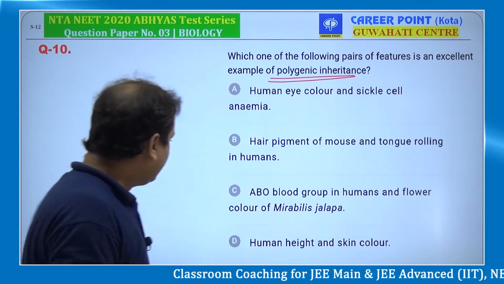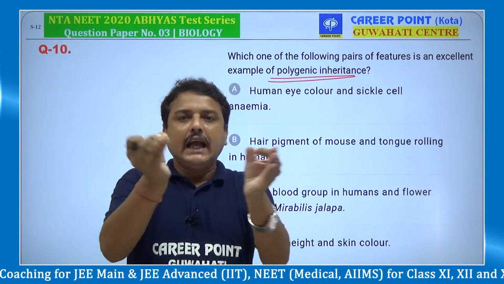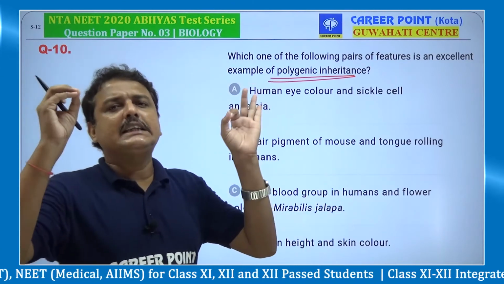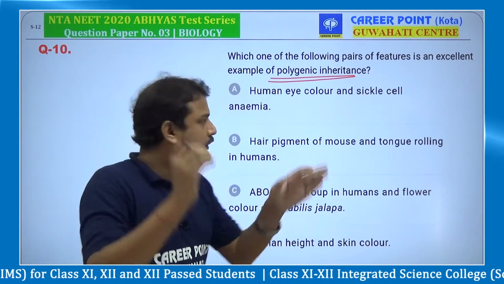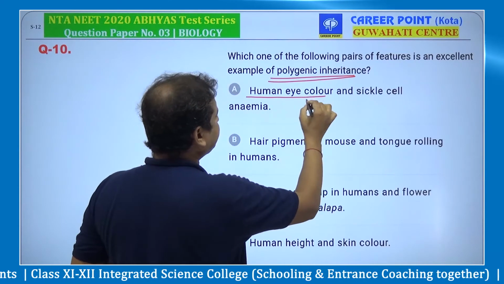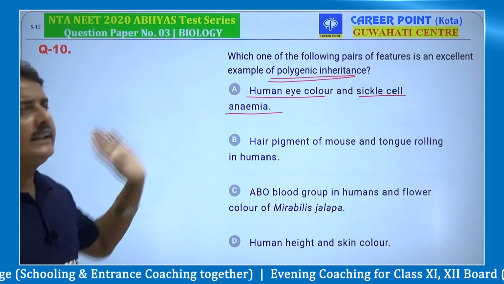The most important example mentioned in your NCERT book is skin color, human skin color. Human eye color, color blindness, sickle cell anemia have no relation with polygenic inheritance.